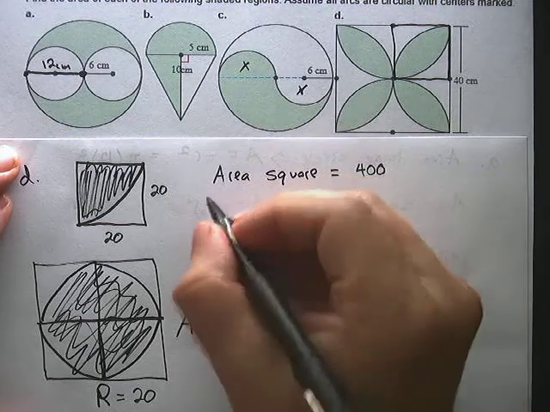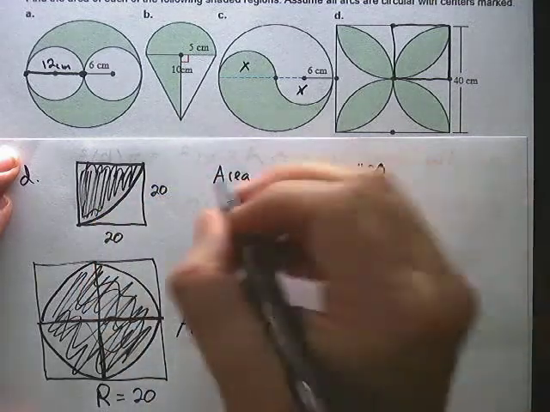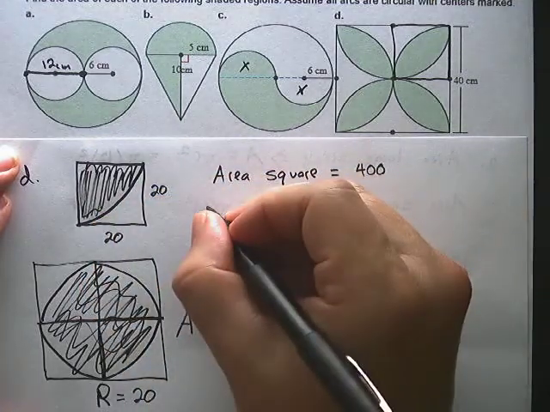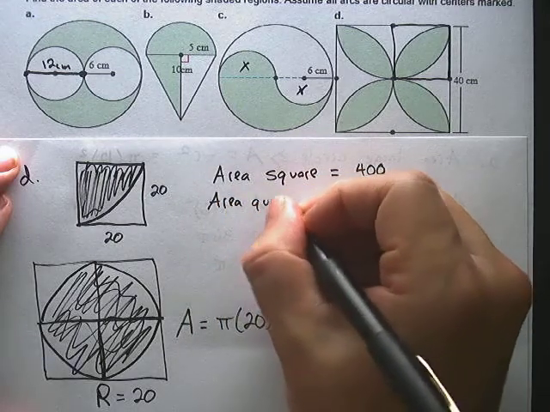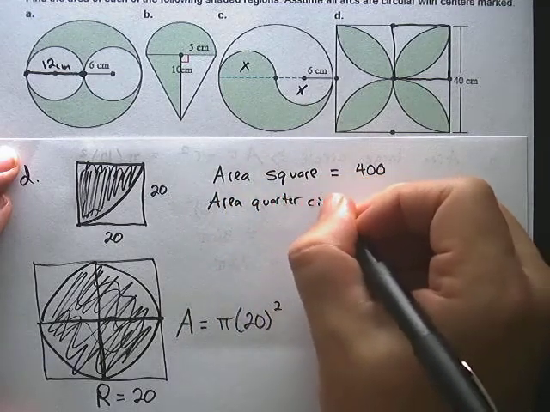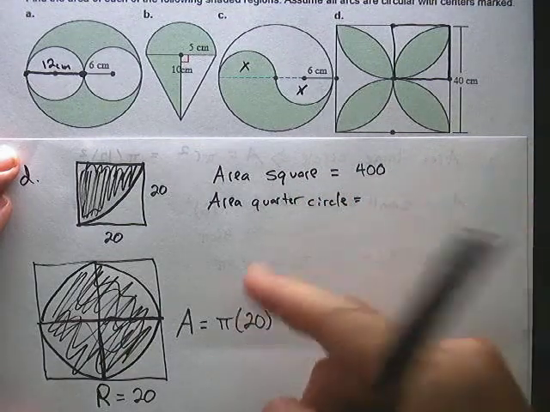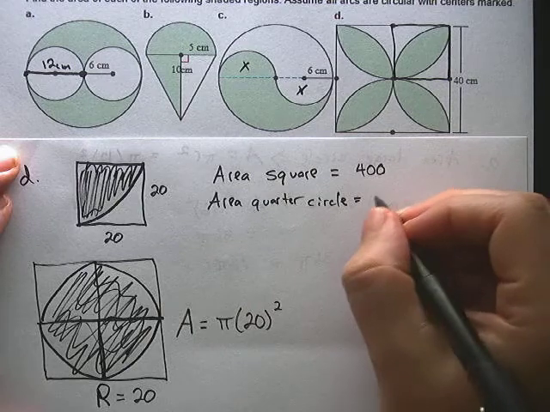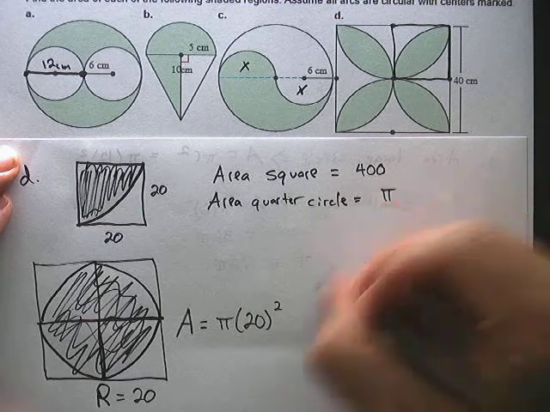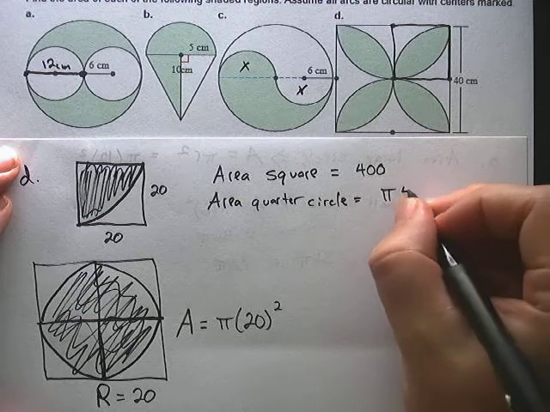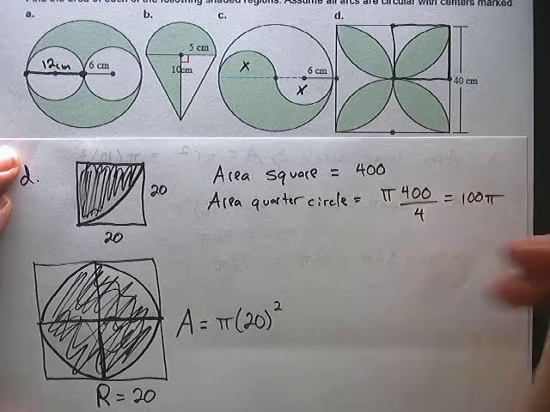Okay, which means the area of the smaller one, just one section of that, is this divided by 4. So the area of the quarter circle is equal to this divided by 4. So we get pi times 400 over 4, so 100 pi.